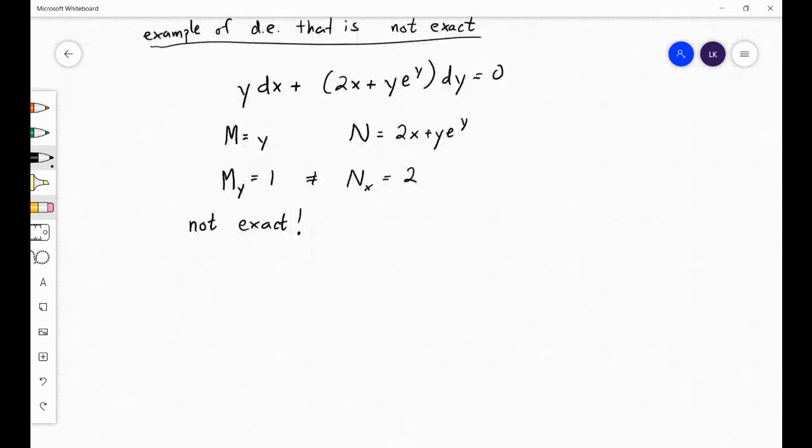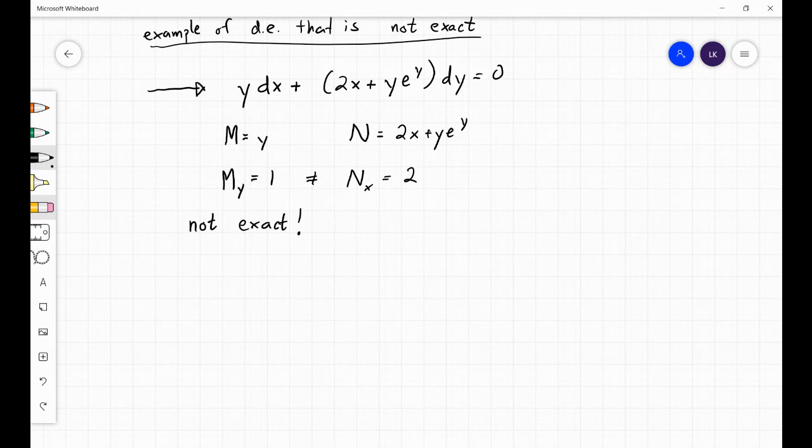Okay, but suppose I tell you to multiply both sides of this original differential equation by y. Just trust me. Just multiply everything by y. So we would get y squared dx plus 2xy plus y squared e to the y dy.